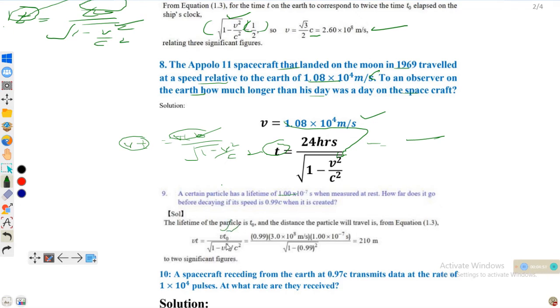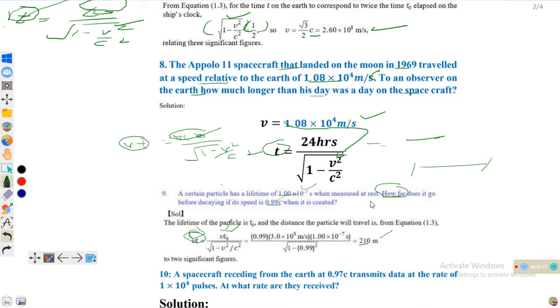How far means he is asking for the length, the distance. So vt is the required distance which the particle will cover before decaying. So v t naught, where v is 0.9 c and t naught is this, over the square root of 1 minus v squared over c squared. This will give us 210 meters.